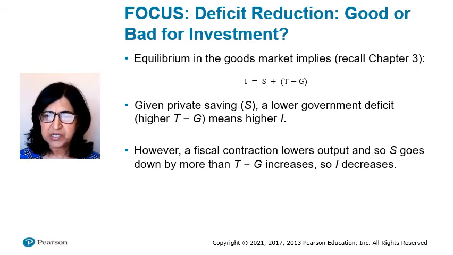The contraction leads to lower output and therefore lower income. As consumption goes down by less than income, private saving also goes down and by more than public saving, T minus G, increases. So investment I decreases.